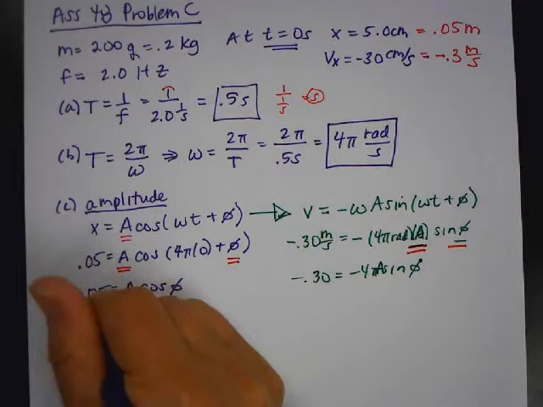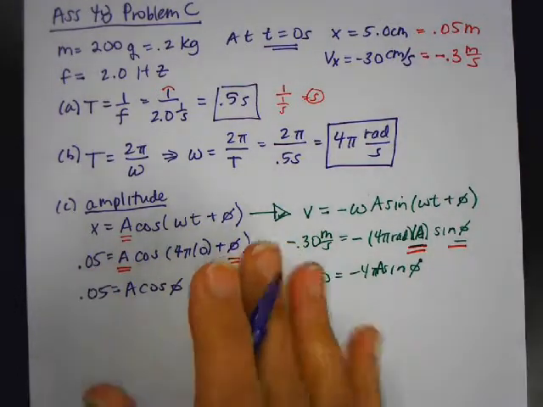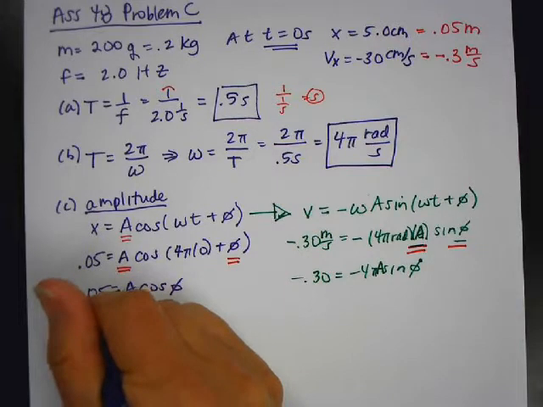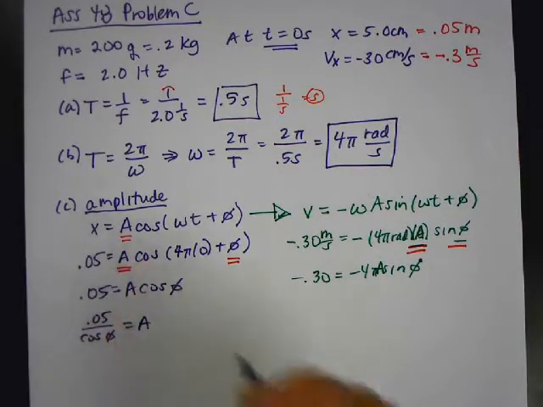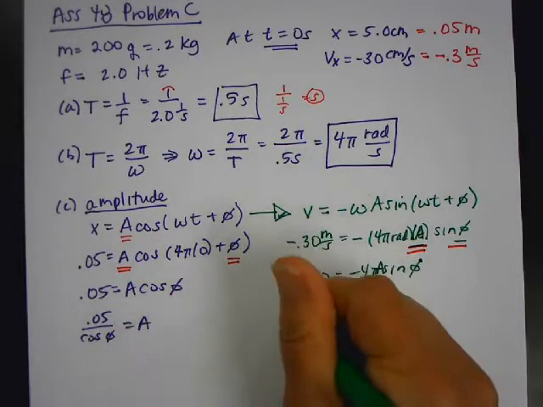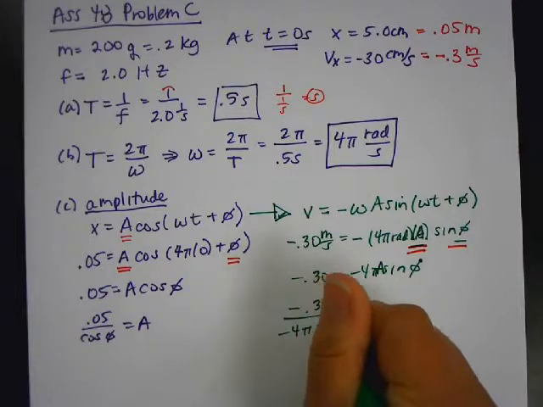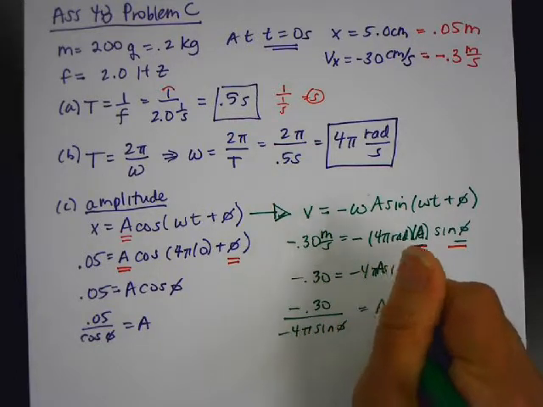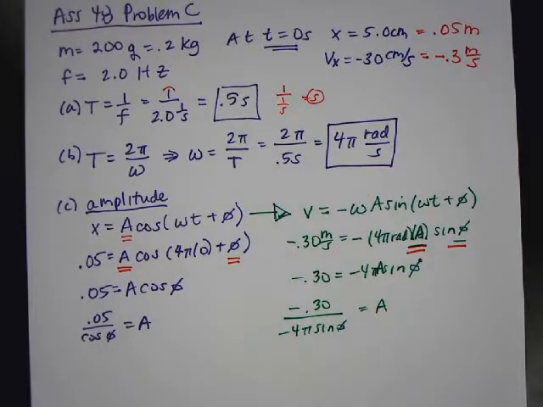Even this is just math. Okay, this isn't the physics. So over here I'm going to have 0.05 over cosine of the phase expression is equal to A, and on this side I'm going to have negative 0.3 over negative 4 pi sine of the phase expression is equal to A. So now A is equal to A, so I'll have the two equal to each other.